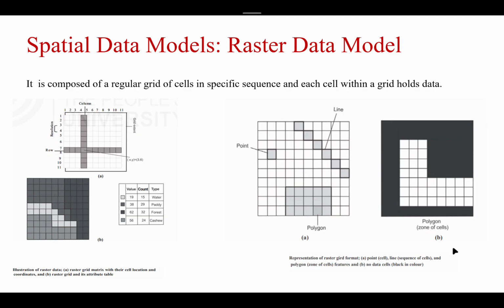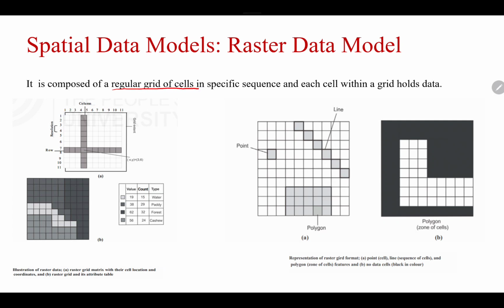Now spatial data models. Since we are talking about spatial and non-spatial, please do not get confused between them. Spatial data again is to do with what is on the surface of the earth. So when we are talking about the surface of the earth, we have the raster data model and the vector data model. First, to do with raster. Raster is a regular grid of cells.